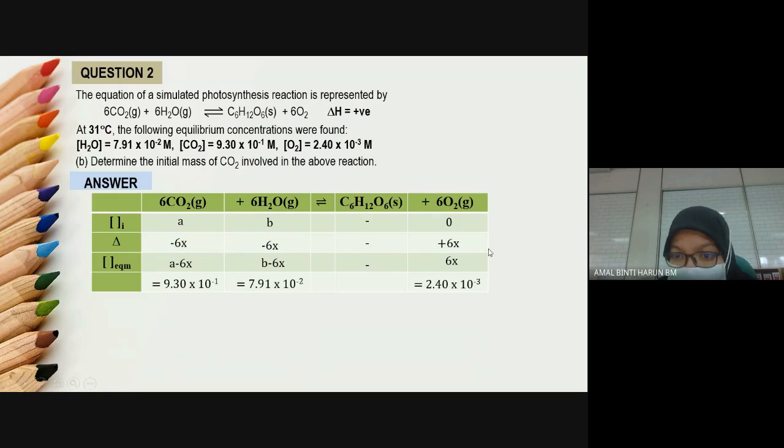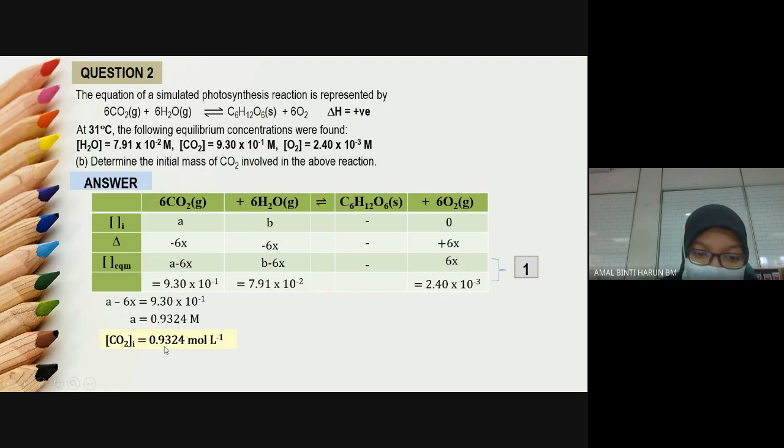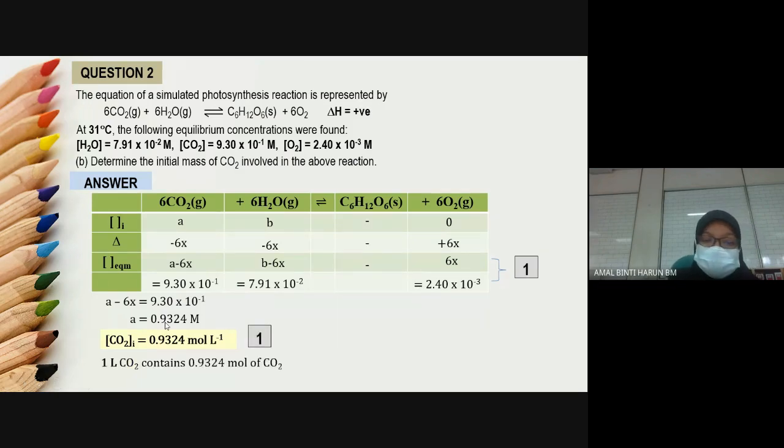Ada kat sini. Mana value of x. So substitute masuk dekat sini. Saya dapat initial dia. The initial dia is 0.9324. Tengok kat sini. Okay, that means this one minus the value of x. The 6x. Dapat initial.